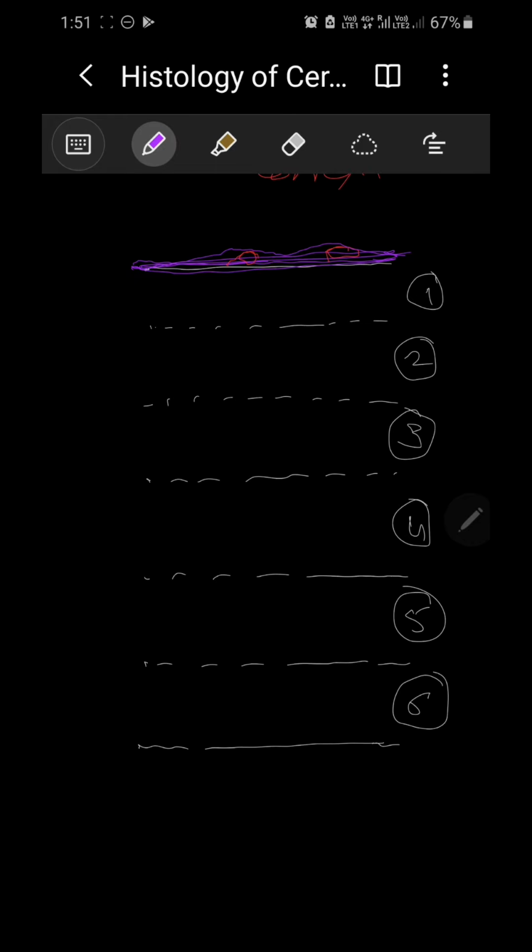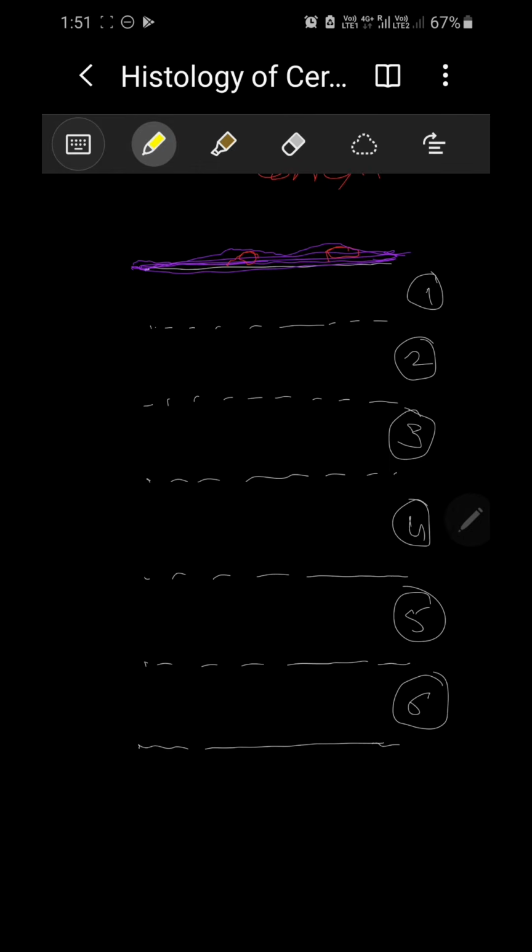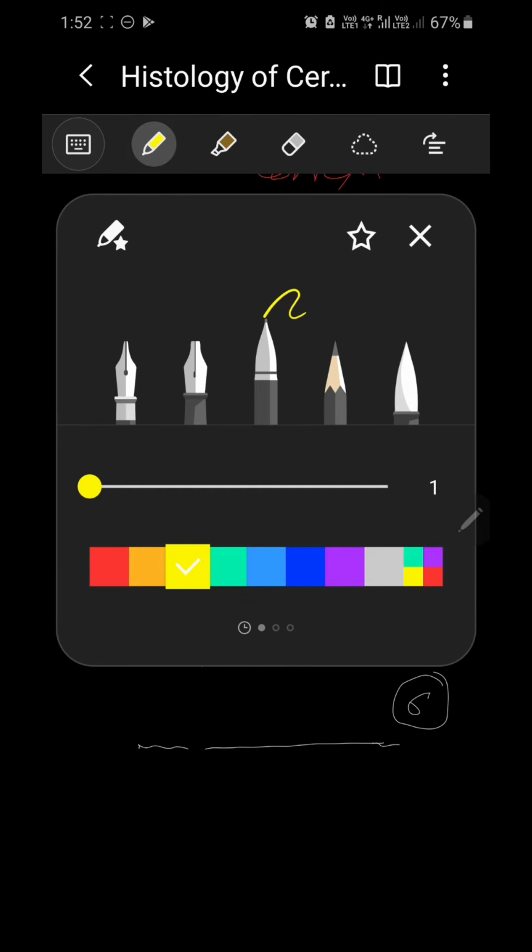Okay, so now the first layer, that's the outermost layer, layer number 1. This layer has parallelly running nerve fibers towards the periphery, longitudinally or horizontally running, parallel to the surface of the cerebral cortex. These are on the superficial-most surface of the first layer, and this layer also has some peculiar neurons.